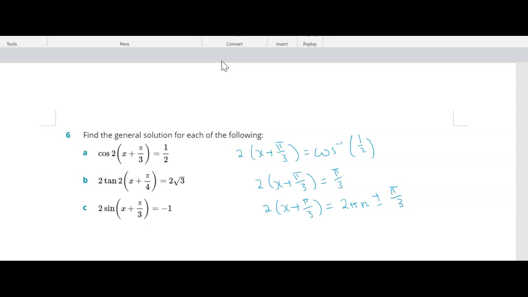We don't have x on its own yet, so let's divide both sides by 2 first.